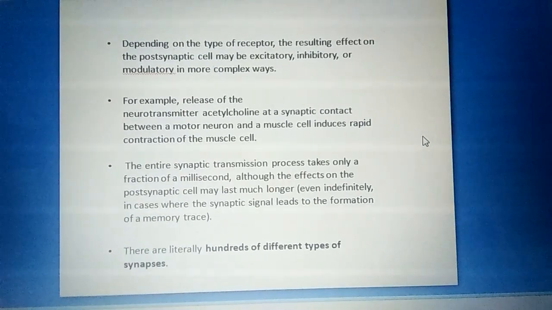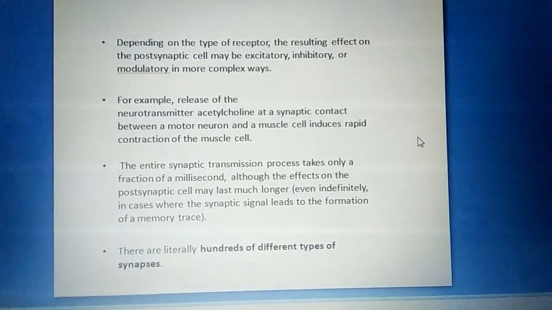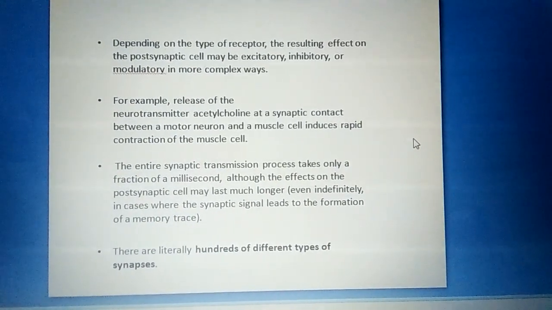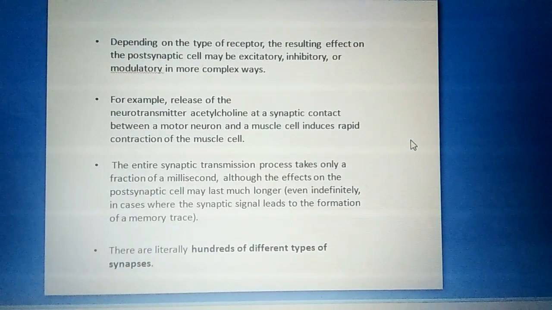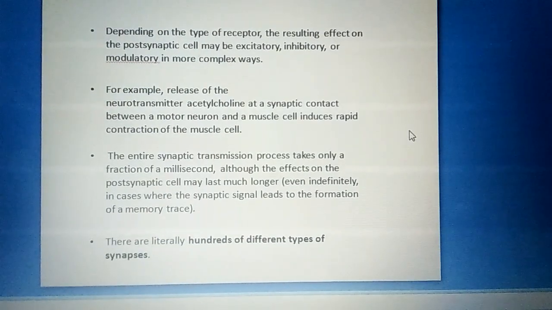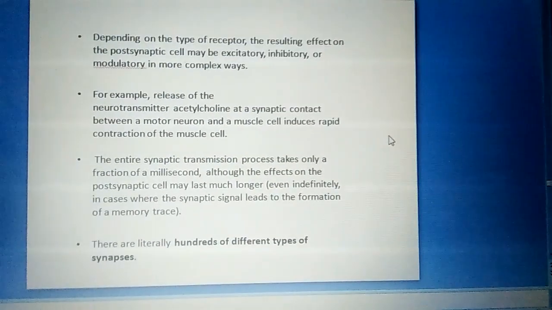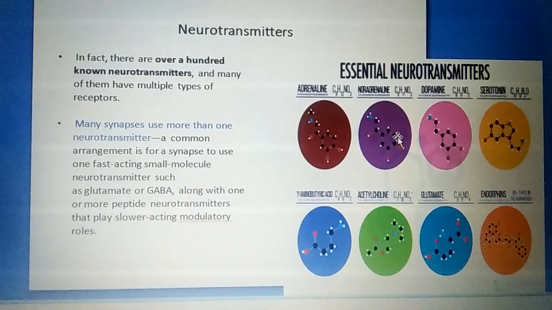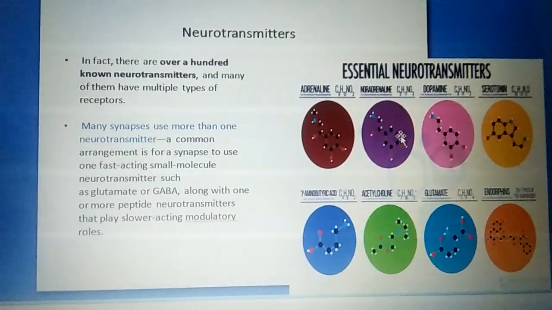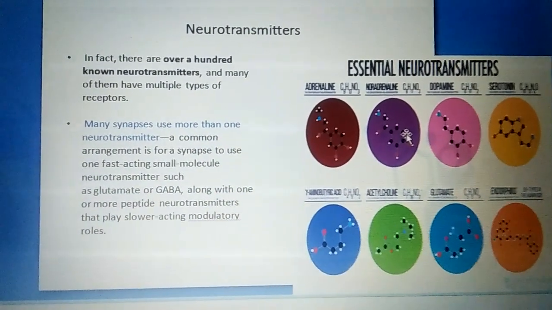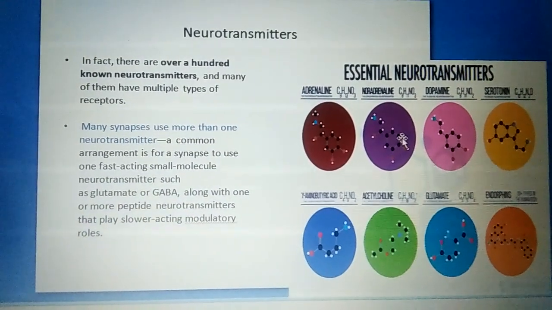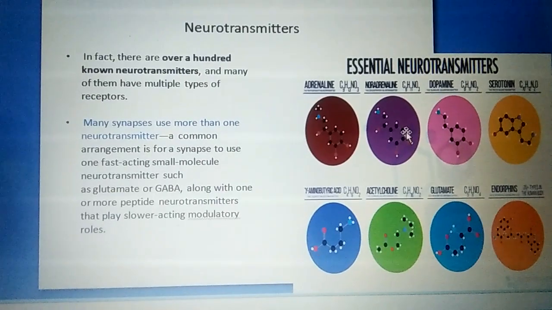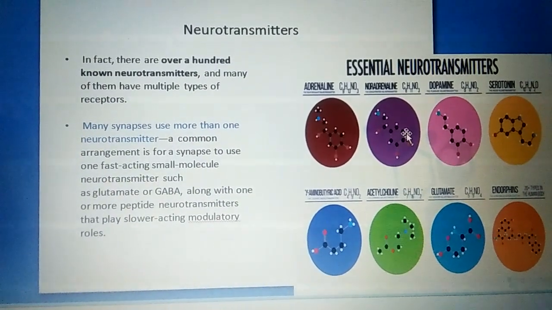For example, release of the neurotransmitter acetylcholine at a synaptic contact between a motor neuron and muscle cells induces rapid contraction of the muscle cells. There are literally hundreds of different types of synapses. There are over 100 known neurotransmitters, and many of them have multiple types of receptors. Many synapses use more than one neurotransmitter.